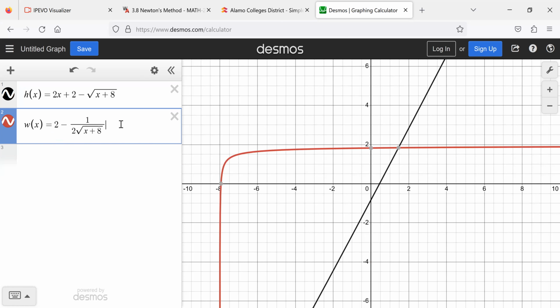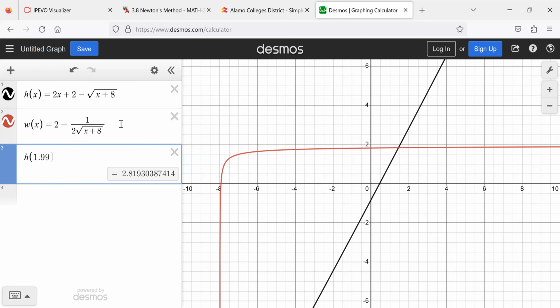All right. So h of 1.99 is this. That can save me some time. h of 1.99 will equal 2.82. Okay, cool.